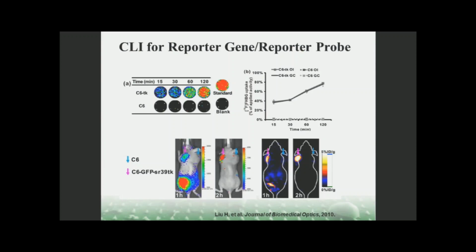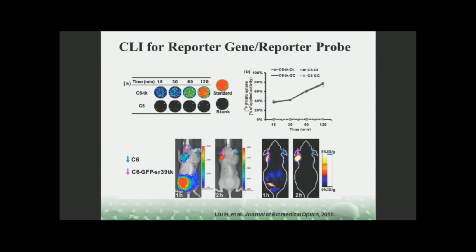But non-transfected cells don't have a high uptake of your probe, and they don't show any signal in this optical imaging modality, Cerenkov Luminescence Imaging. So you can immediately know the transfection works very well, and you have stable cells which express the TK gene.